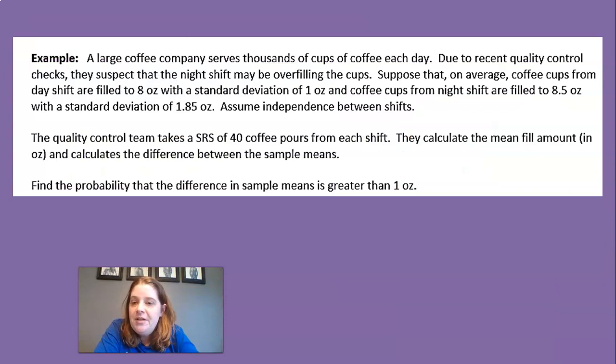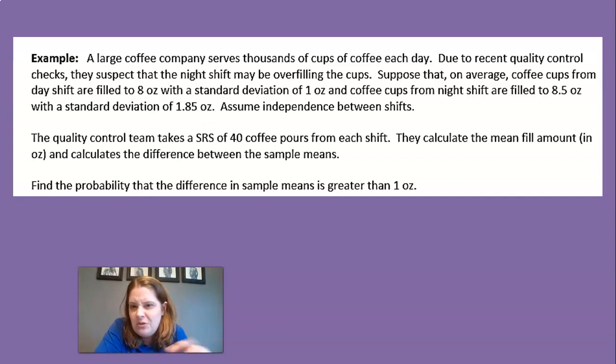Okay, all right, so here's another example. A large coffee company serves thousands of cups of coffee each day. Due to recent quality control checks, they suspect that the night shift may be overfilling the cups. Suppose that, on average, coffee cups from day shift are filled with 8 ounces with a standard deviation of 1 ounce, and coffee cups from night shift are filled to 8.5 ounces with a standard deviation of 1.85.